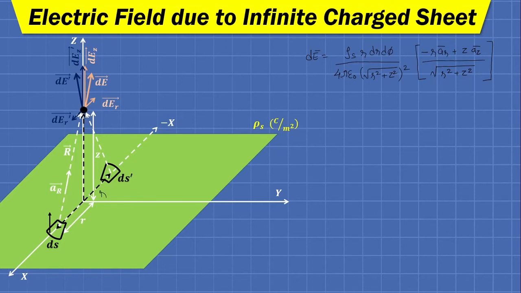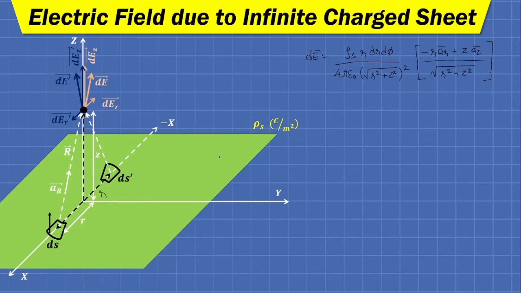Fine. So here no component of field intensity will exist along the direction of R. Okay, because for any particular differential surface we will find the same surface in the opposite direction which will cancel out its R component, and only the Z component will be there.